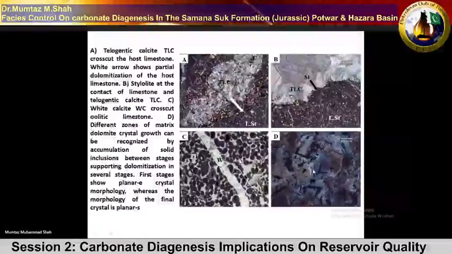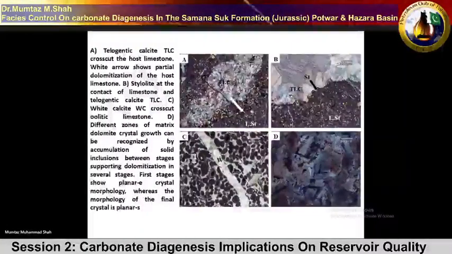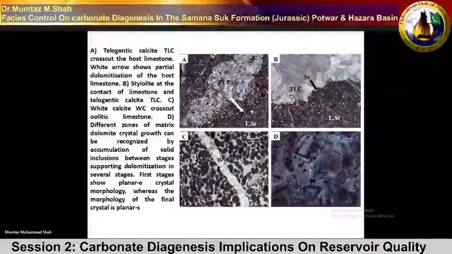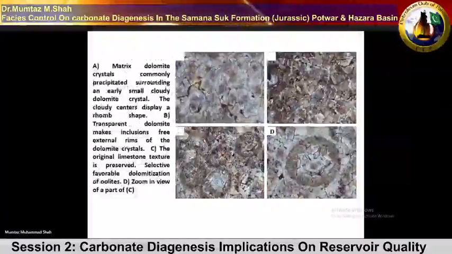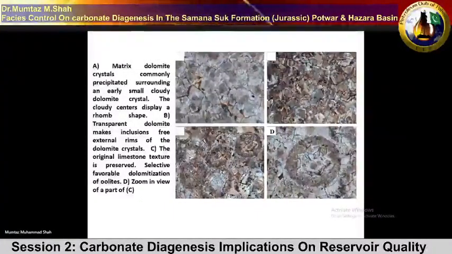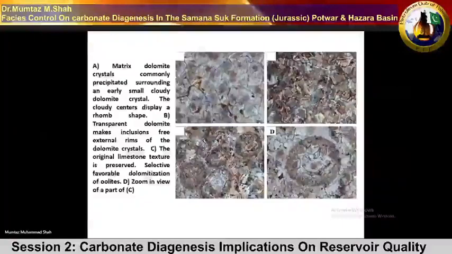This is a typical example of the occurrence or presence of the original fabric, like in figure C and D, where we can see that the oolitic nature had been preserved, whereas it had been modified by the dolomite formation.